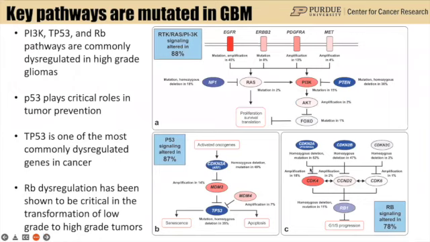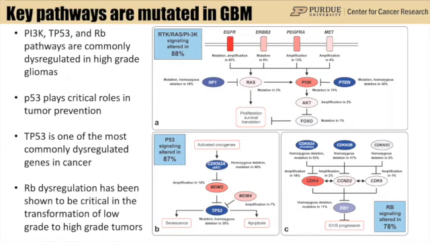So one of the first things we looked at is, in the TCGA data, taken from the original TCGA publication in gliomas that's cited on the previous slide. That group found that there are 3 key oncogenic signaling pathways that are often mutated in glioblastoma.